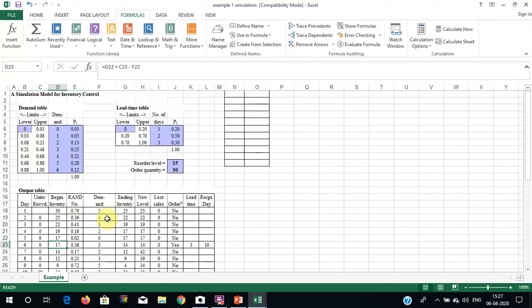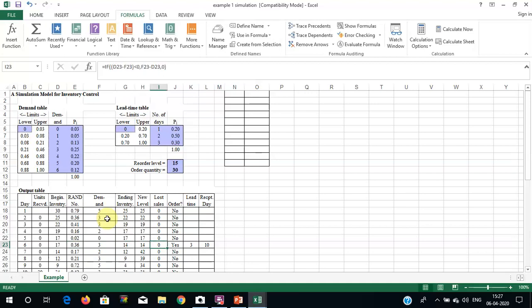When you begin with inventory 17, the probability that is randomly generated is 36. So you have 3 units to be supplied. Once you supply 3 units from 17 units in starting inventory, you are left with 14. New level of inventory in hand is 14.